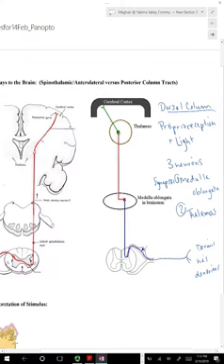The axon will follow through a nerve, depending on where that nerve is. You might have it go through a brachial plexus, the lumbar plexus, depending on where that signal's coming from, or no plexus at all. And then we'd have the unipolar sensory neuron is what we're looking at.